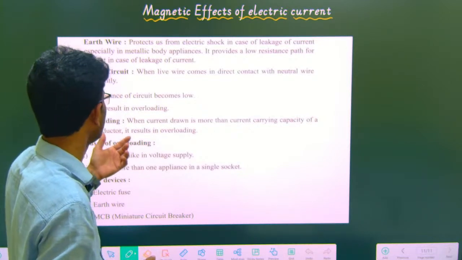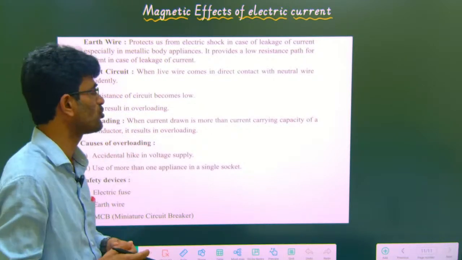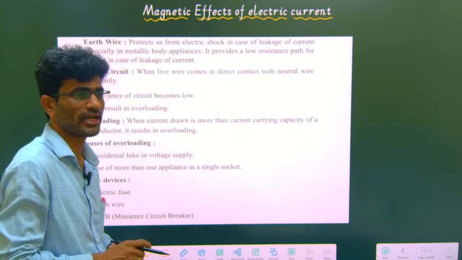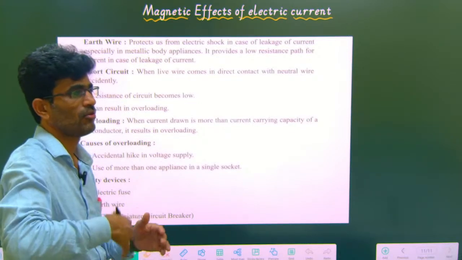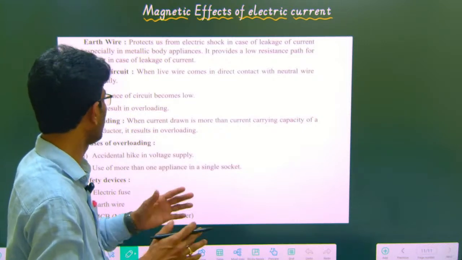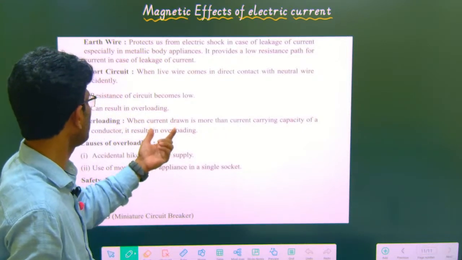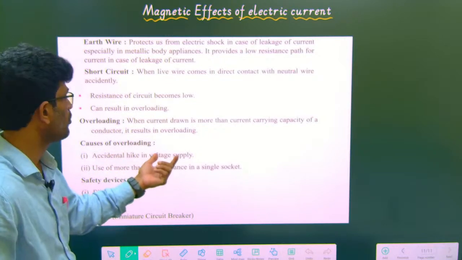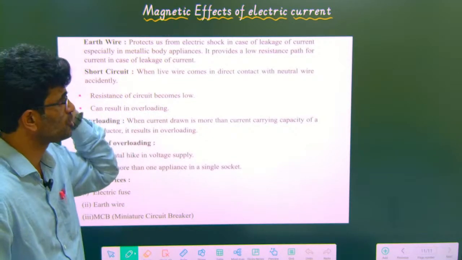And then overloading. What happens in overloading? When current is drawn more than the current carrying capacity, there is some capacity to carry the current. If it is more than that, overloading will happen. This will be due to two things. What are the two things? Accidentally a hike in voltage. If voltage is 220 volts, it should be 220 volts.